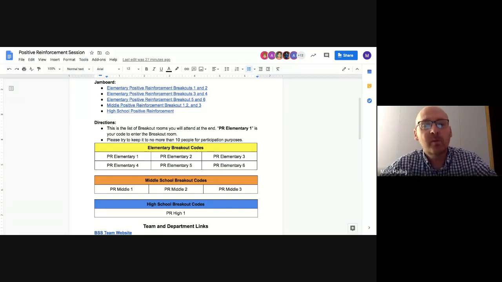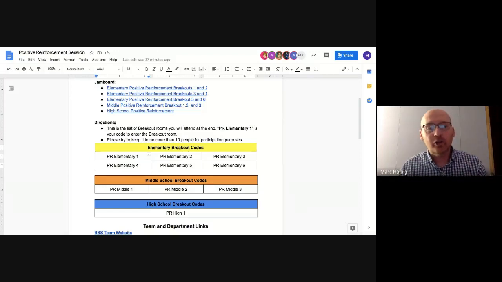Then you would use the Jamboard for breakouts 1 and 2. So for breakout rooms 1 and 2, you have a Jamboard. If you end up in 3 and 4, you have a Jamboard. For middle school, we had some numbers added at the last moment, so we added a breakout, but you'll all have to share this Jamboard. It should work out numbers-wise, but we'll just have to see what time we have left.